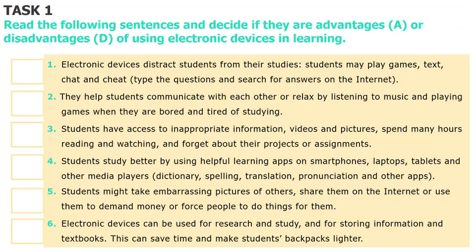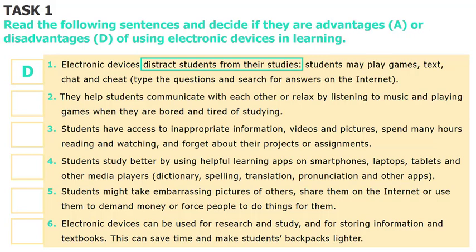I will give you the answers and explanations. The first sentence is D, disadvantage. Why do you choose the answer? We can consider this sentence as a disadvantage because of the phrase distract students from their studies.